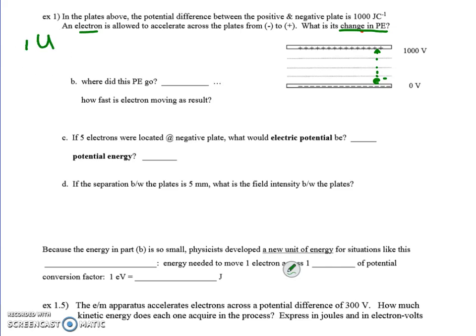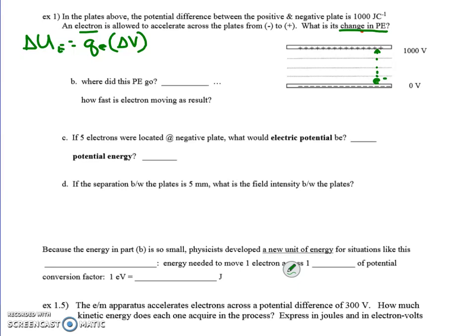So our U, our change in potential energy, is nothing more than the amount of charge that I'm moving, in this case an electron, multiplied by the change in electric potential. So our change in electric potential is final minus initial.